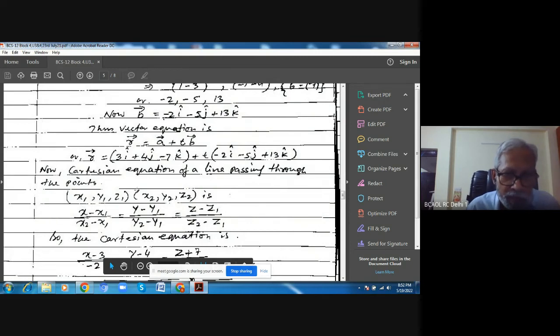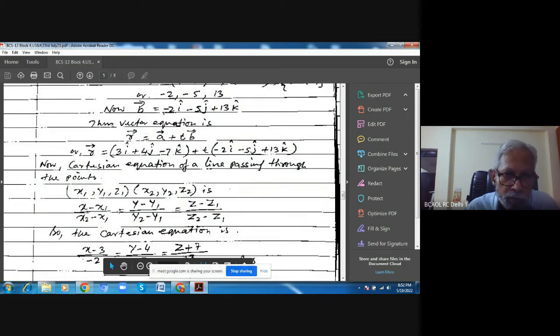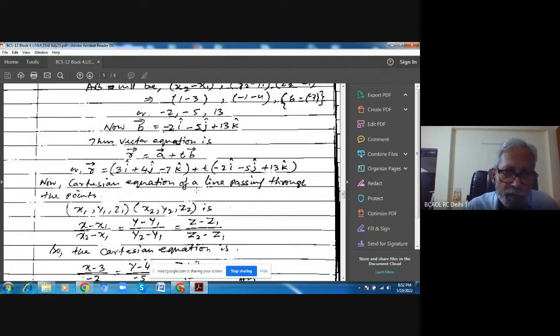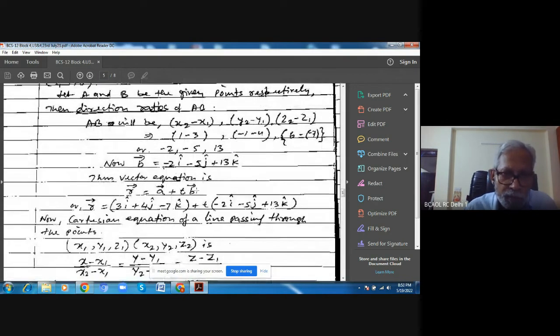Suppose this type of points are given. So this is the formula, x minus x1 over x2 minus x1. I think I have shown you earlier also. Now here, if you know this formula, x1, y1, z1 values are 3, 4, -7, and this is your t.